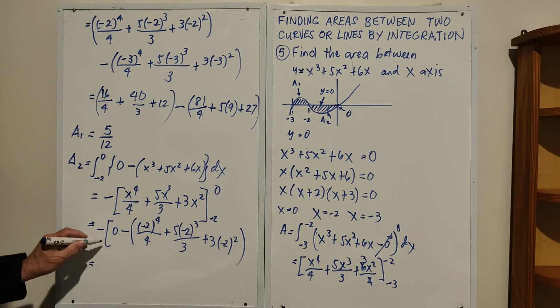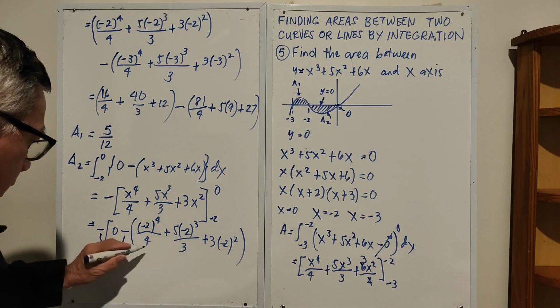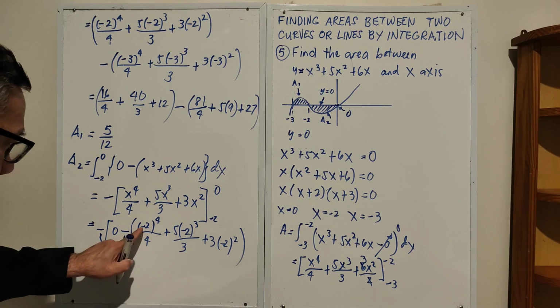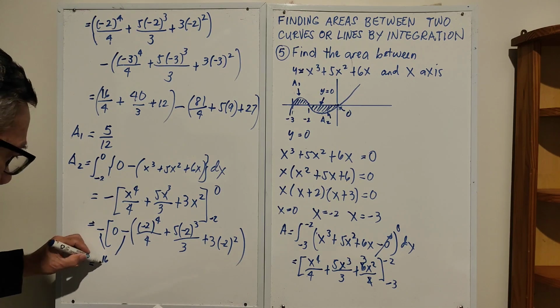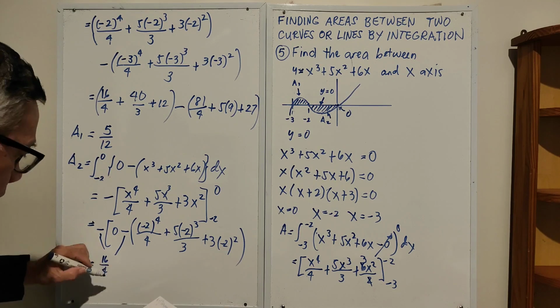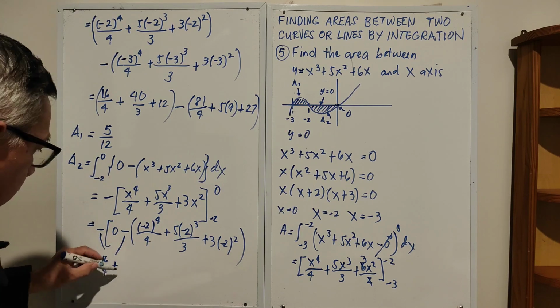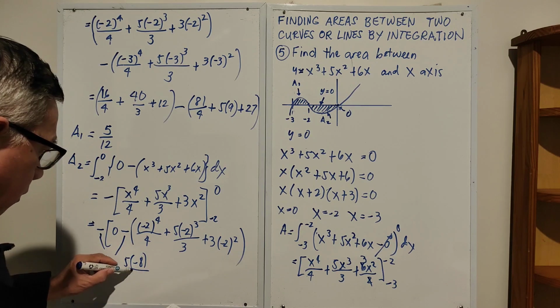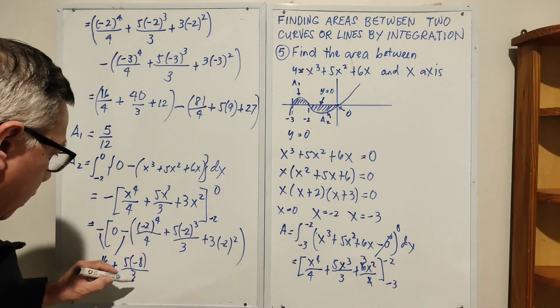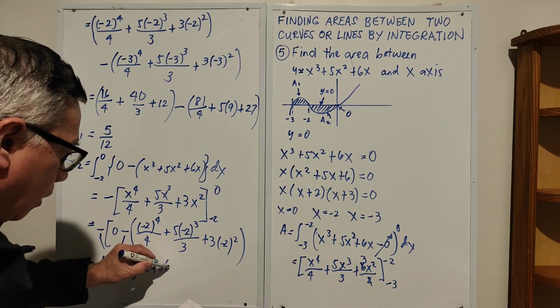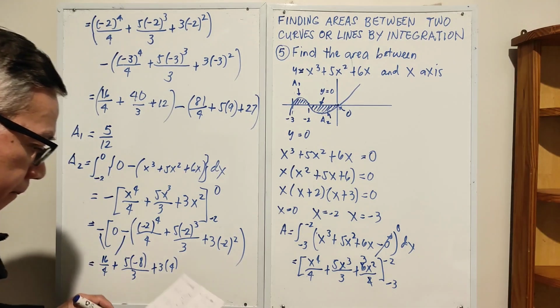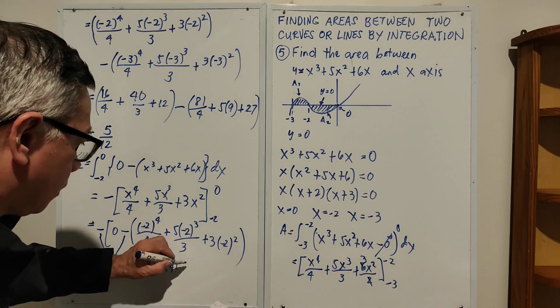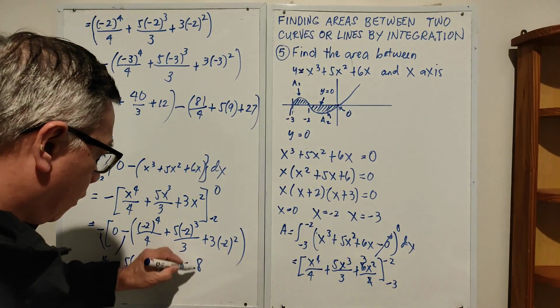So negative and negative will be positive. What you have left is negative 2 to the 4th, which is 16 over 4, plus 5 times negative 8 over 3, and this would be 3 times 4. In short, this will be 8 over 3.